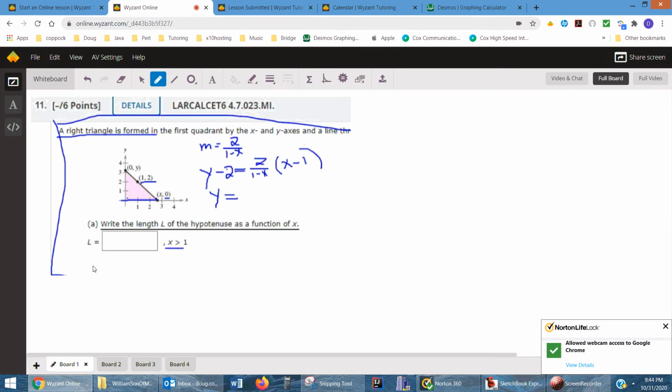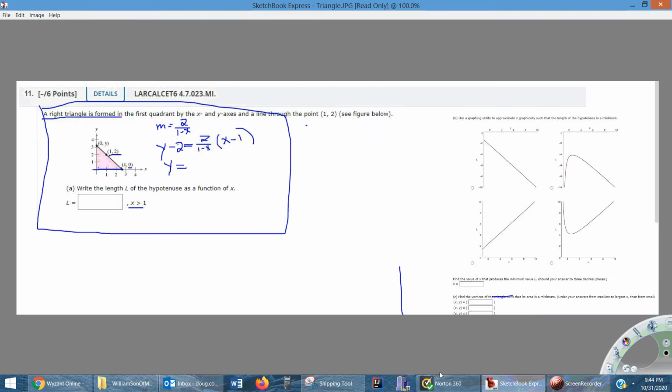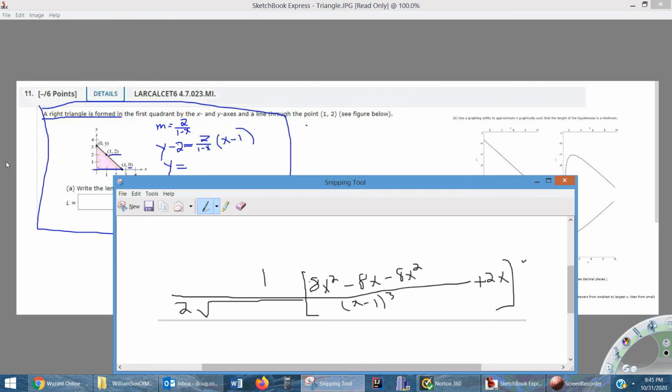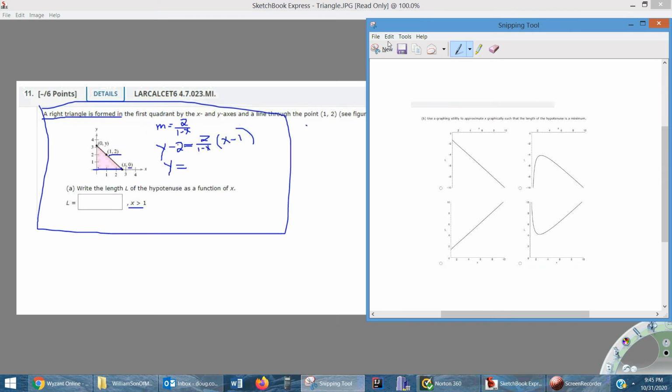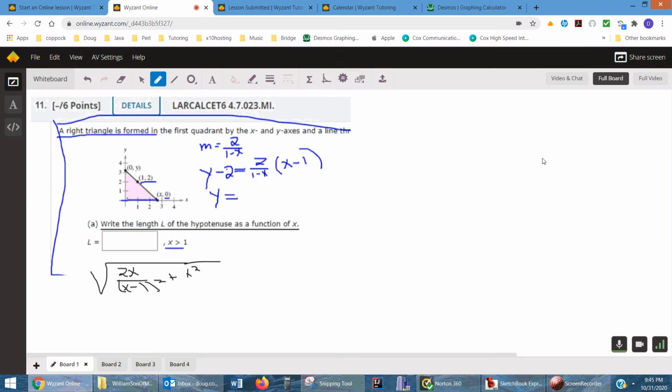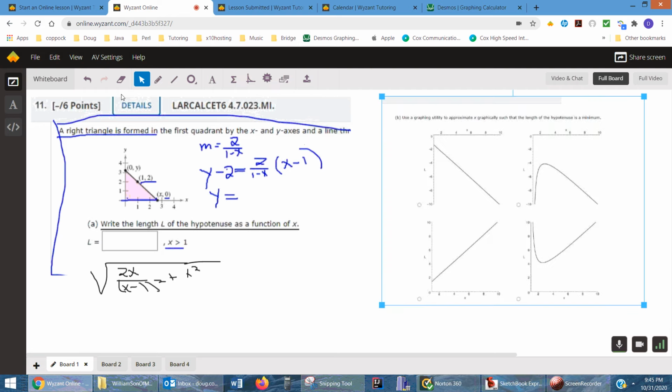So this was L equals the square root of 2x over x minus 1, the quantity squared, plus x squared, for x greater than 1. For the second problem, you want to, on a graphing calculator, graph this function right here.